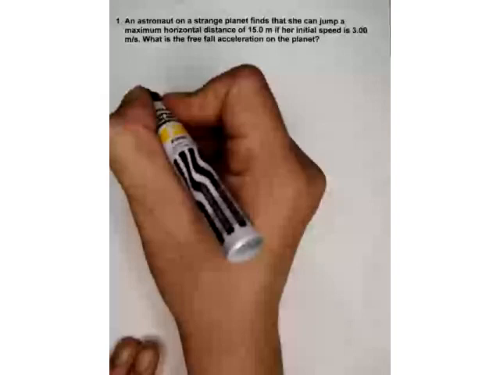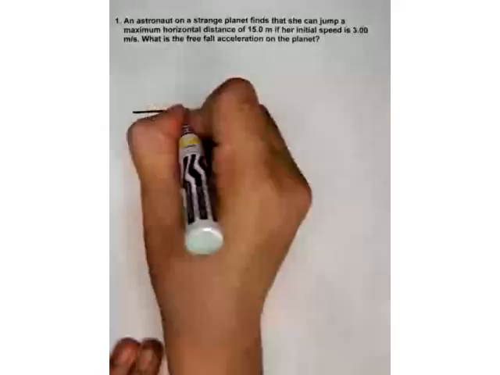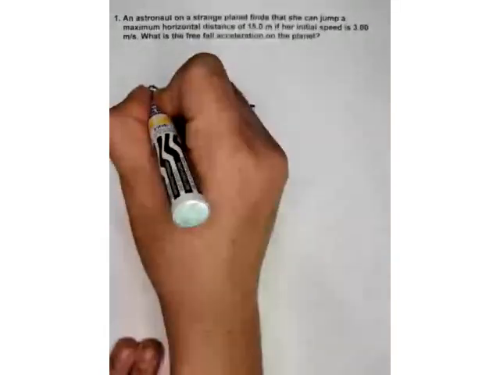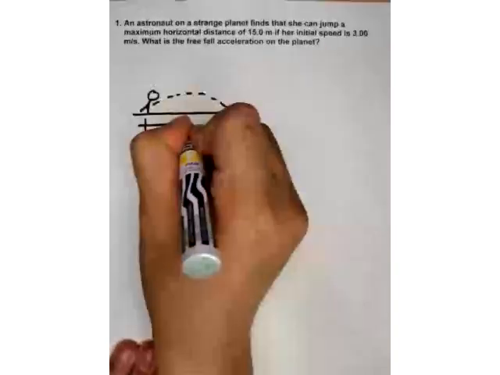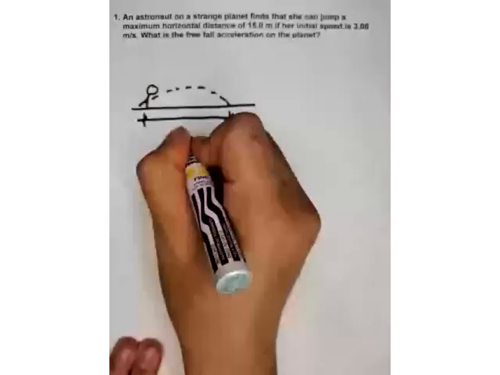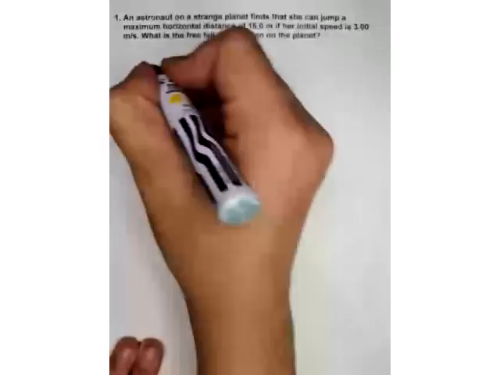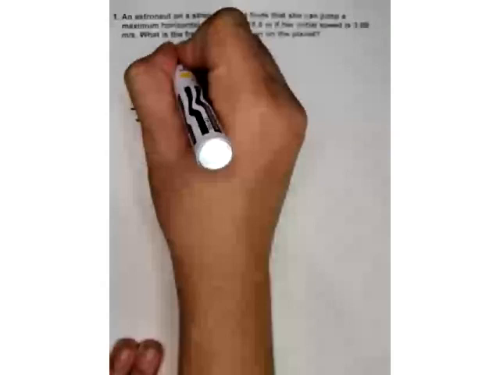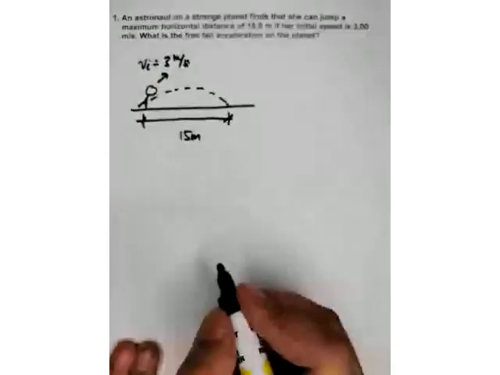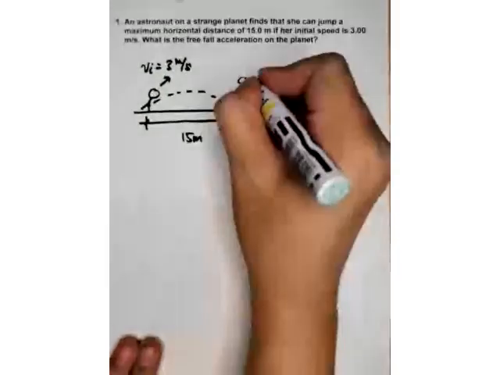So what is the free fall acceleration on the planet? Class, the astronaut jumps and her maximum jump is 15 meters, and her initial speed is 3 meters per second. So what is the acceleration due to gravity?